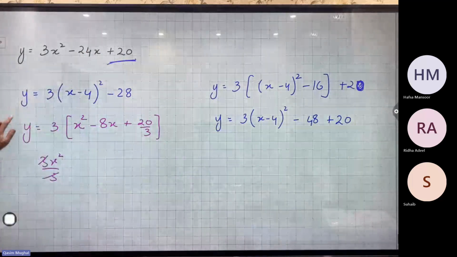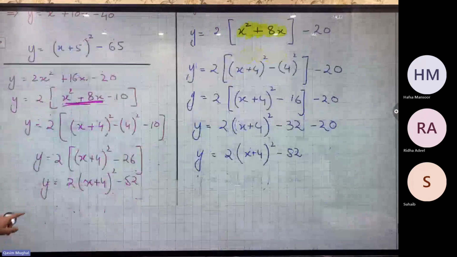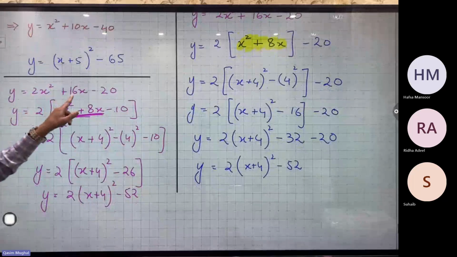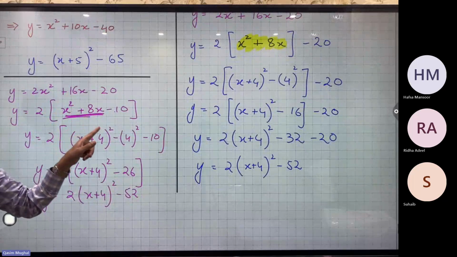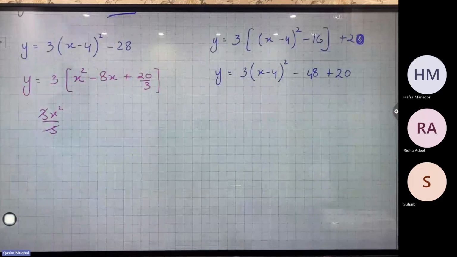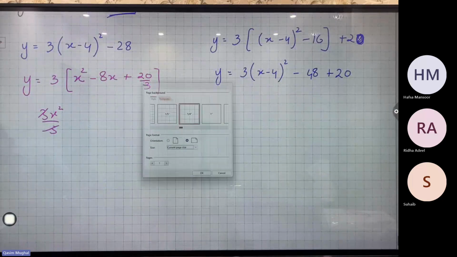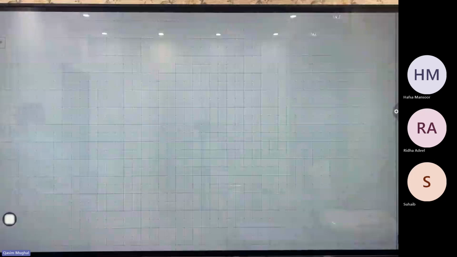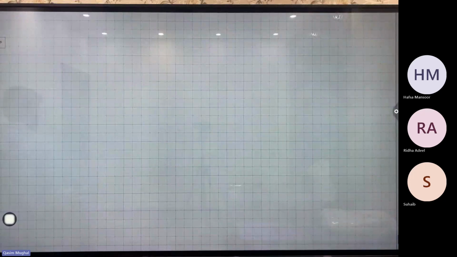Even in the previous question, we took 2 as common, and 2 was a factor of 16, so we were able to divide it. But now I'm going to give you a question in which जो भी coefficient होगा x square का उसको हम common लेंगे, लेकिन वो उसका factor नहीं होगा x के coefficient का.